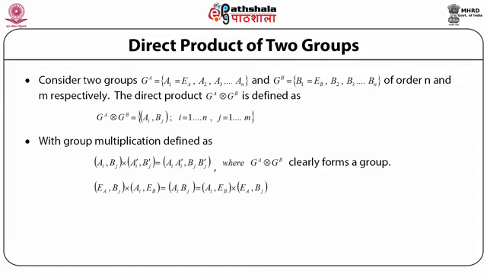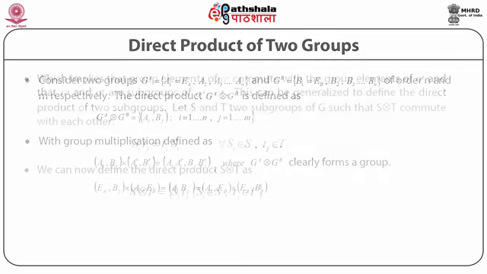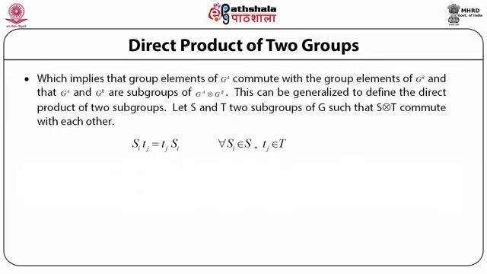The direct product group GA cross GB clearly forms a group because EA Bj cross Ai EB is equal to Ai Bj, which is equal to Ai EB into EA Bj, which implies that the group elements of GA commute with the group elements of GB, and that GA and GB are subgroups of GA cross GB.